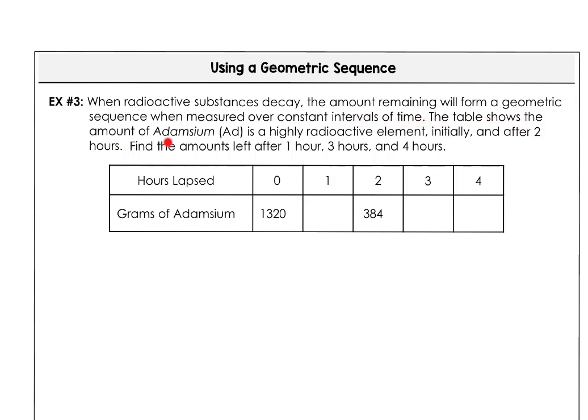The table shows the amount of adamantium, which is a made-up element, a highly radioactive element initially, and after 2 hours, we want to find the amount left after 1 hour, 3 hours, and 4 hours. So here we have an amount at 0 initially, and then after 2 hours, it's decayed.